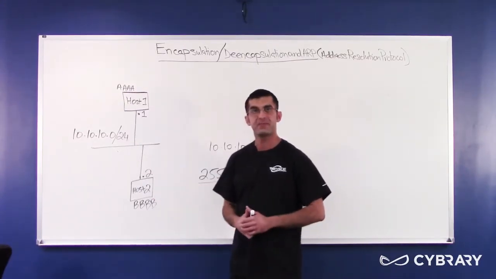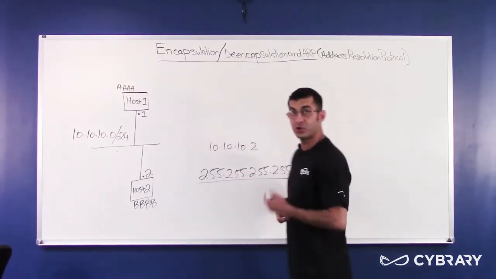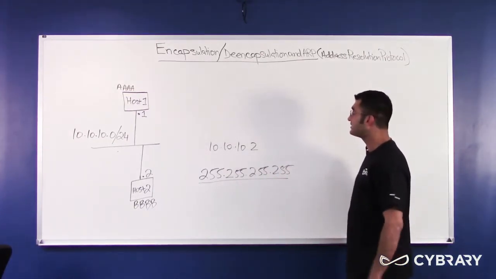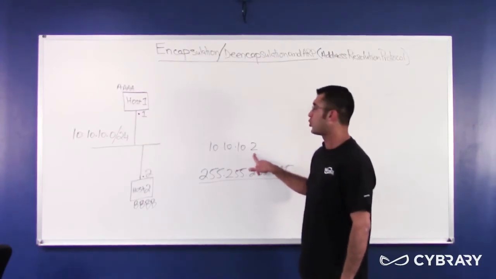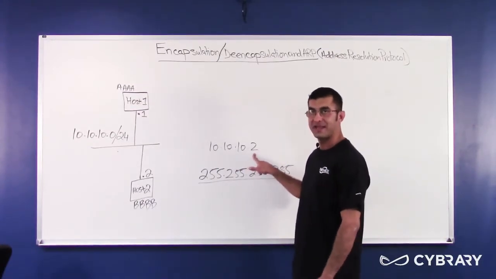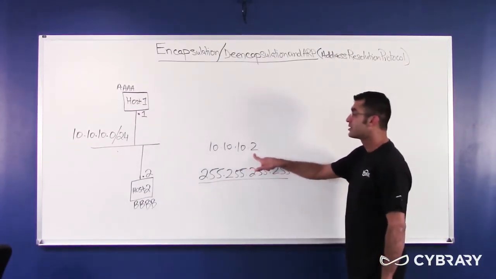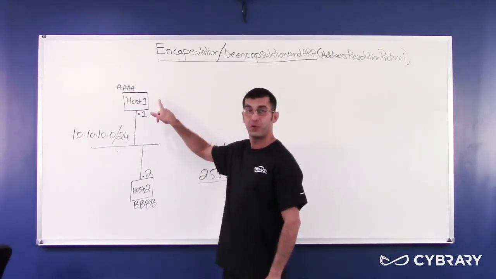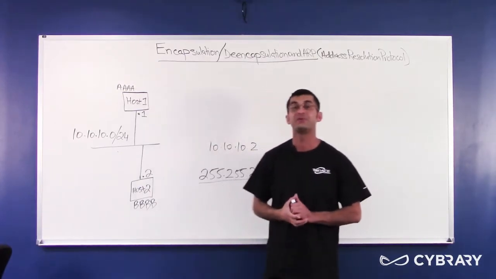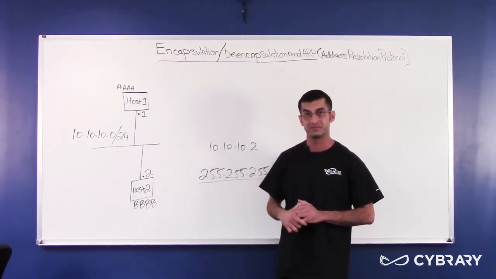Host 2 receives that broadcast and looks inside and finds that its own IP is 10.10.10.2. So host 2 replies to the ARP broadcast, and the ARP reply is actually a unicast back to the IP address of host 1. So the ARP reply will be sent to 10.10.10.1.